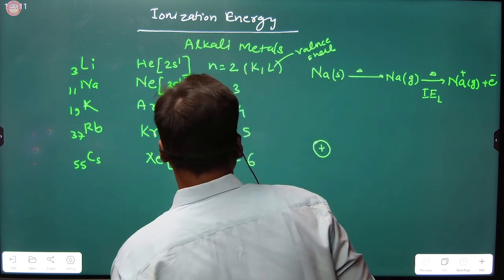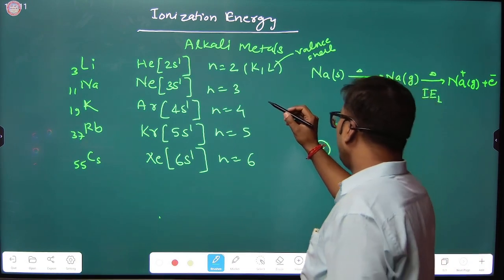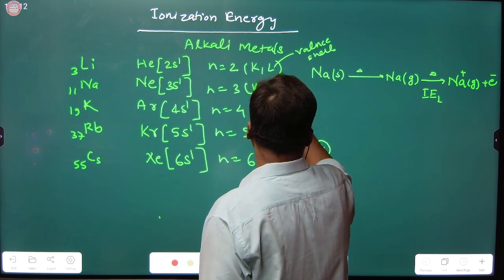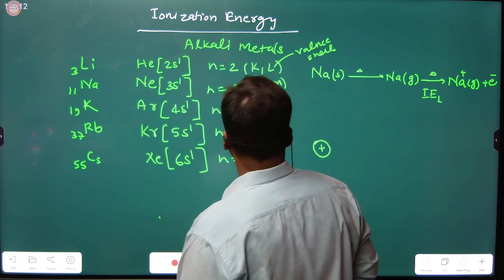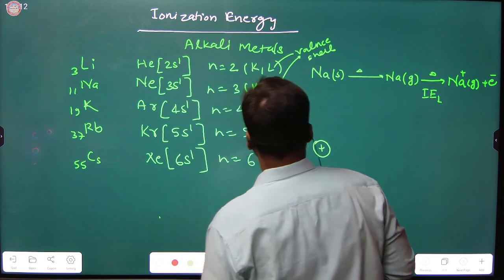In case of sodium, the shells are K, L, M, and the valence shell is M.